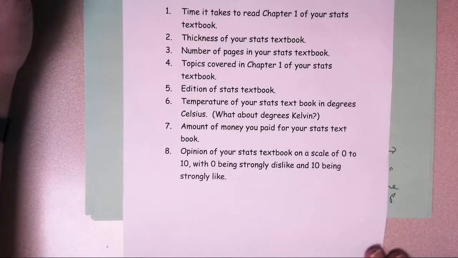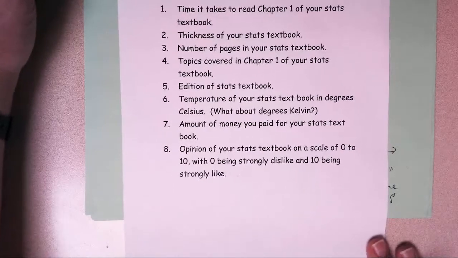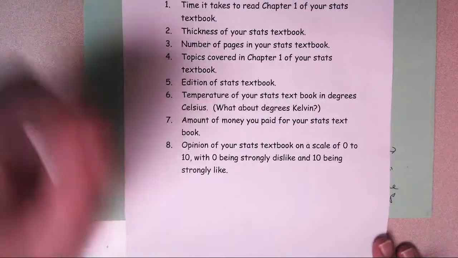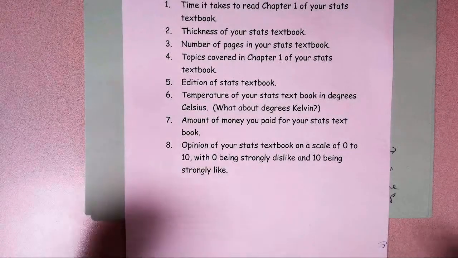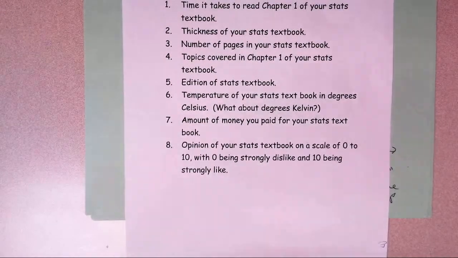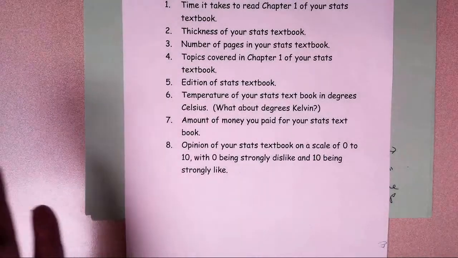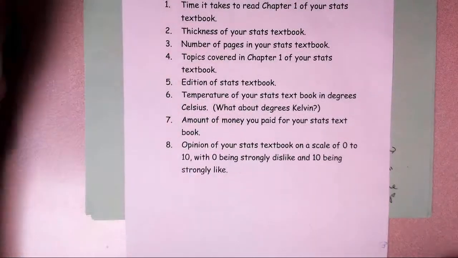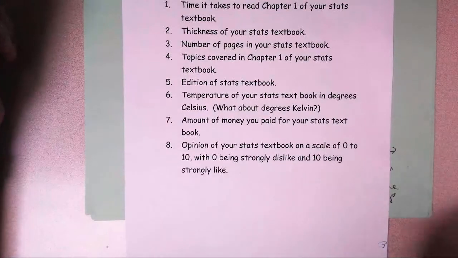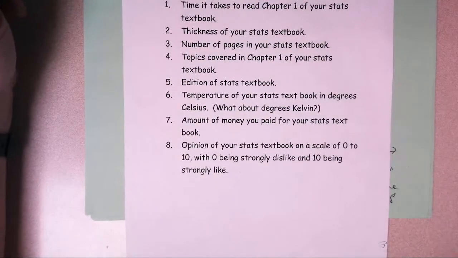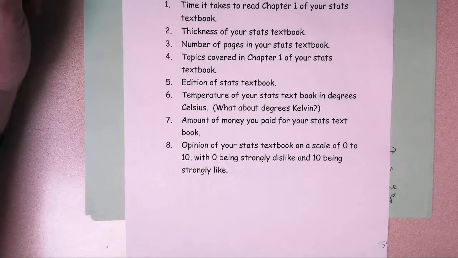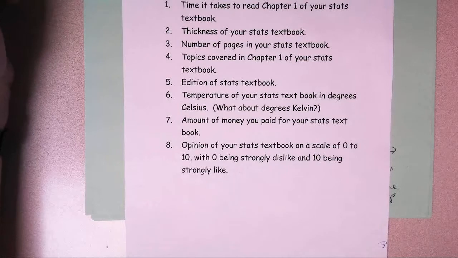The amount of money you paid for your stats textbook. This is discrete, and the reason for that is in America, we use a certain currency, and a penny is the smallest currency we use. So if your textbook was, let's say, $79.98, that's kind of like counting pennies.